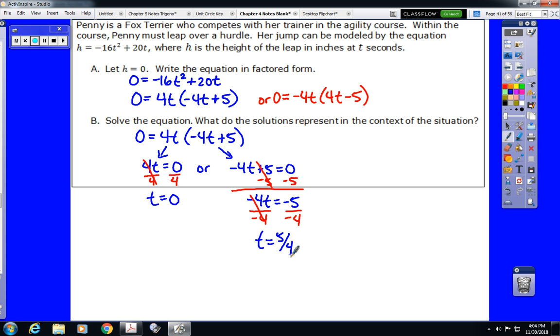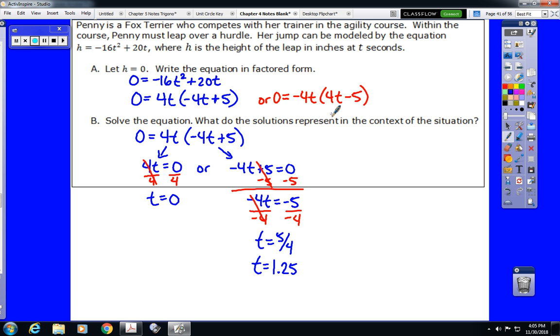And I don't know about you, but I don't often say that I traveled for 5/4 seconds. So perhaps we should change this particular number into a decimal because it represents seconds, and that would make more sense in the context of the situation, which is where we're getting ready to go here.